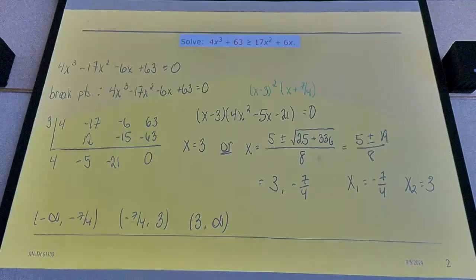Negative 10 plus 7/4 is negative. Zero is a nice one. Positive. And 10 will give you positive as well.